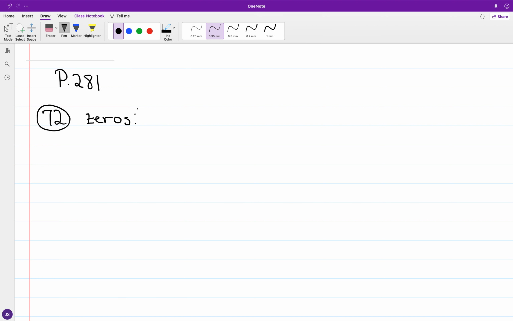Among the zeros, we have 1, -6, and 3. And once again, the order of the polynomial is going to be 3.